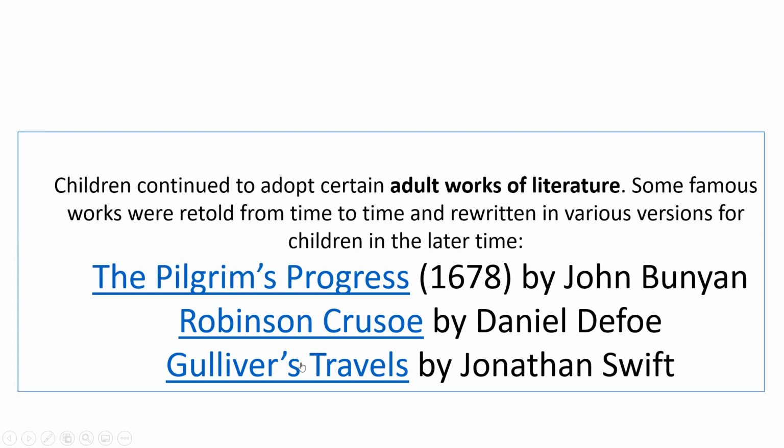So we have Gulliver's Travels, the travel of an individual who went to different islands of huge people, islands of people that are very small, and so on. And then we also have Robinson Crusoe, the story of a character who was stranded on an island and learned how to survive on an island.